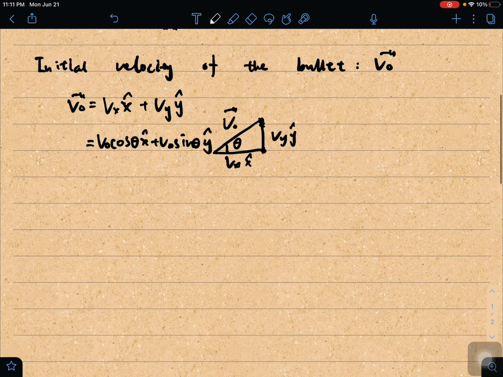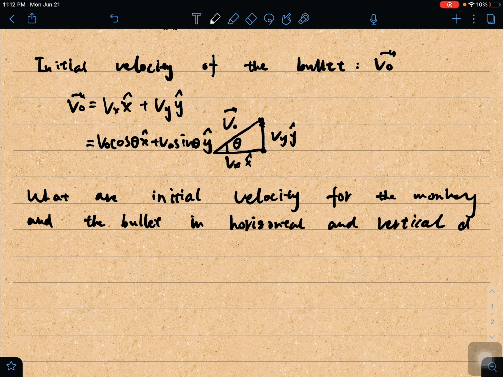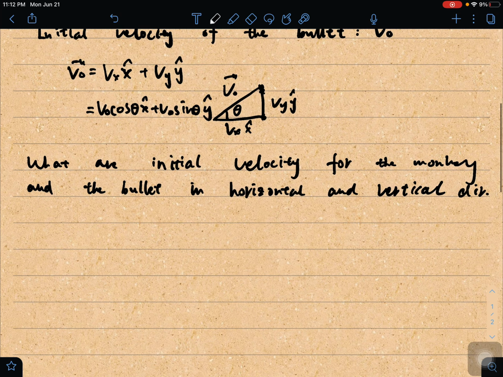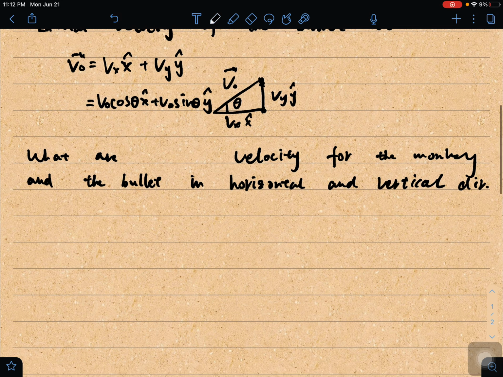Okay. And now we need to figure out the velocities of the monkey and the bullet in the horizontal and vertical directions.